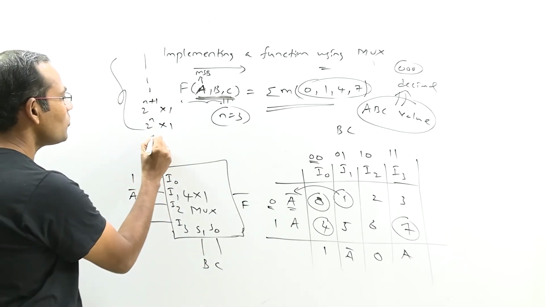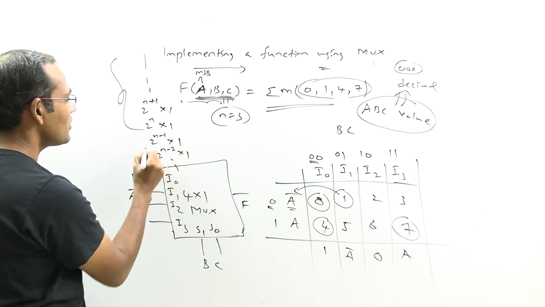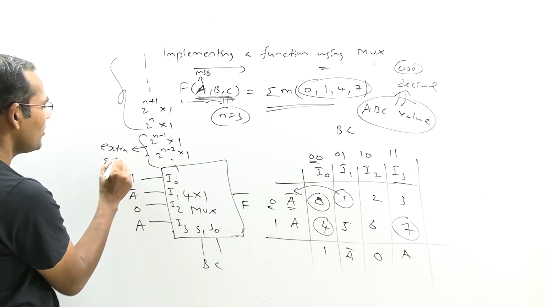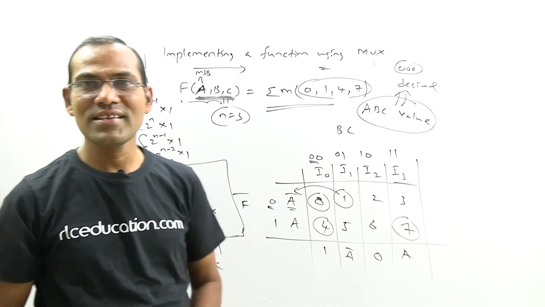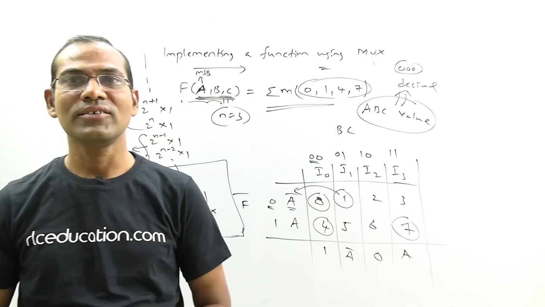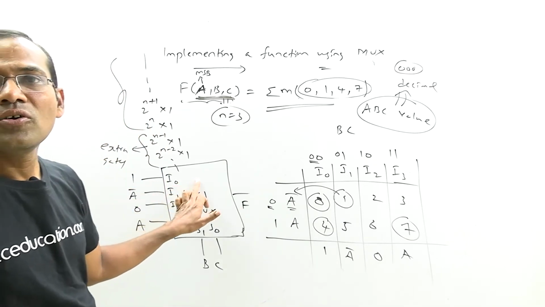Whenever you go for 2 power n minus 1 by 1 mux, 2 power n minus 2 by 1 mux and so on, you require extra gates. Don't think that every time extra gates are needed. For some functions, they are needed. So here one NOT gate is needed in addition to mux.